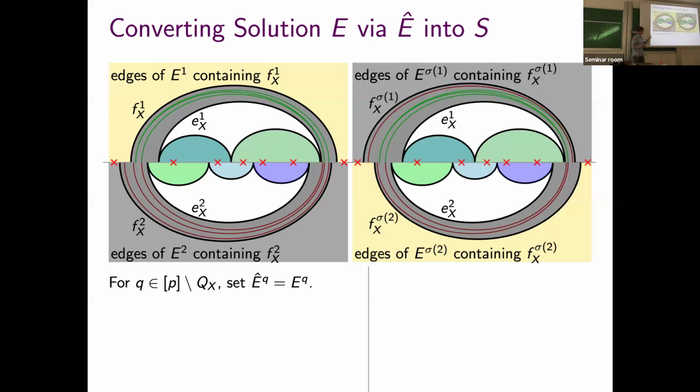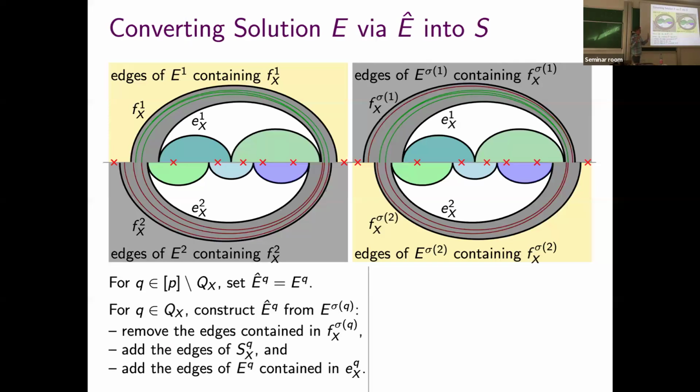So the idea is the following: take a page Q that does not have edges that are bridged by X. In this case, we just take the part of the given solution and we don't change it. Now, if we have a page where there are actually edges that bridge X, then we construct a new part.